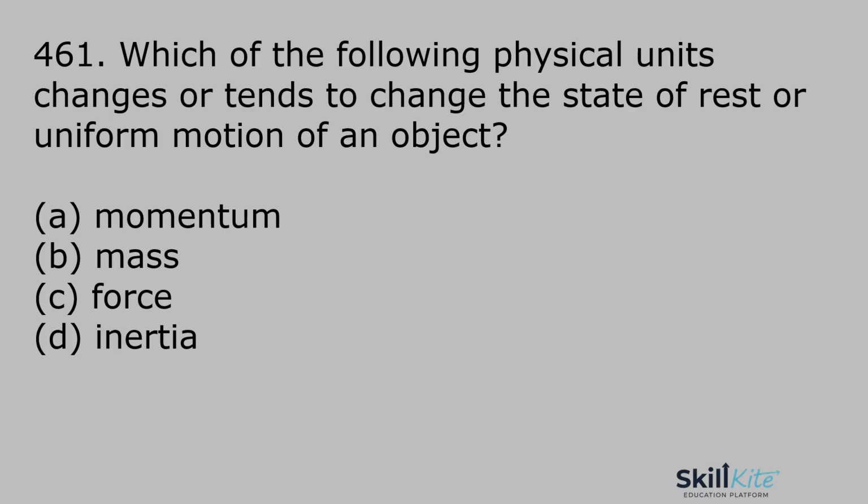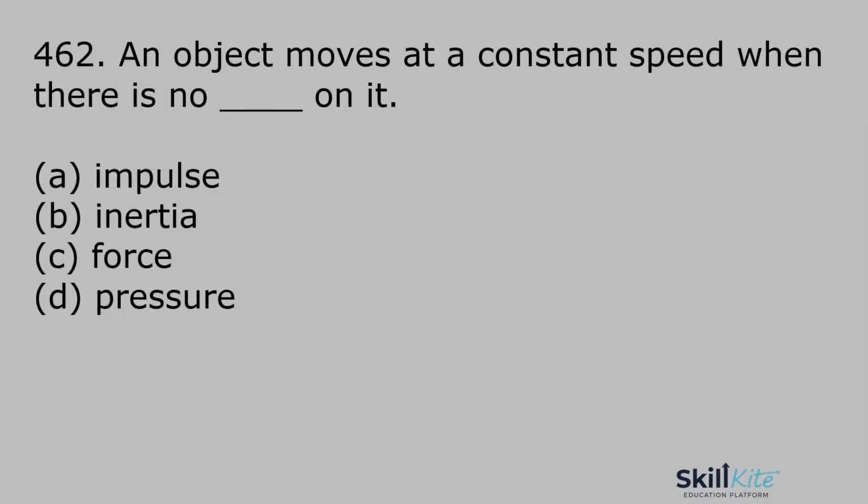Which of the following physical quantities changes or tends to change the state of rest or uniform motion of an object? That is force. An object moves at a constant speed when there is no external force on it. Newton's first law, we know. So option C.